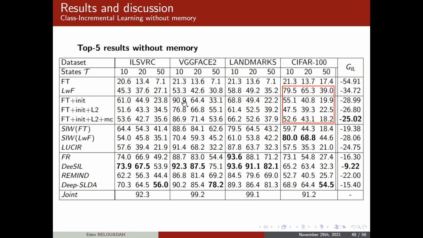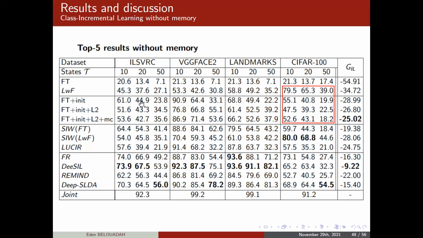For example, here in VGG Face, the accuracy goes up to 90%, which is huge. And knowing that in this baseline we don't touch at all the previous layers, we just bring the classification weights of the past classes from their initial states and override them in the current state. We don't do any normalization, any extra rectification, and we can see how much gain we can obtain just by rectifying this layer.